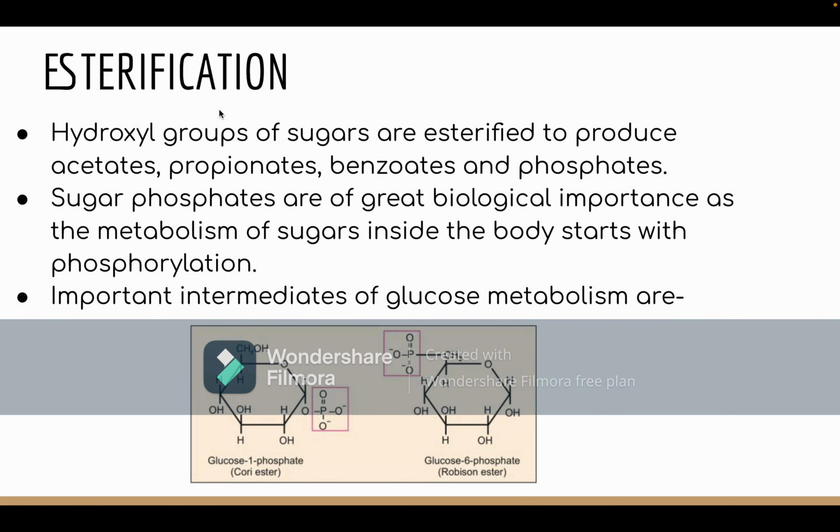Now esterification. The hydroxyl groups of sugars are esterified to form acetates, propionates, benzoates and phosphates.